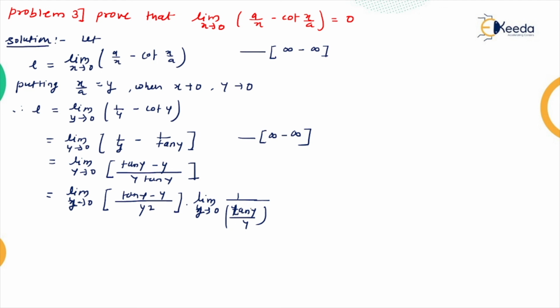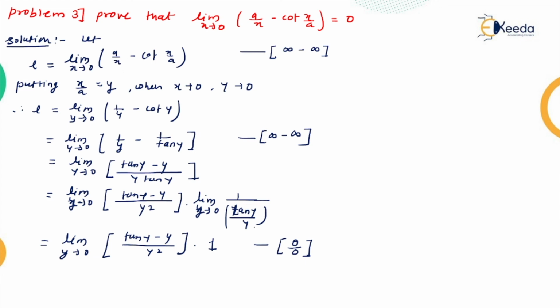Therefore limit as y tends to 0, this is tan y minus y upon y square, into the limit as y tends to 0 of tan y upon y. The value of that limit is 1, guys. By standard limits you know the value of this second limit is totally 1.